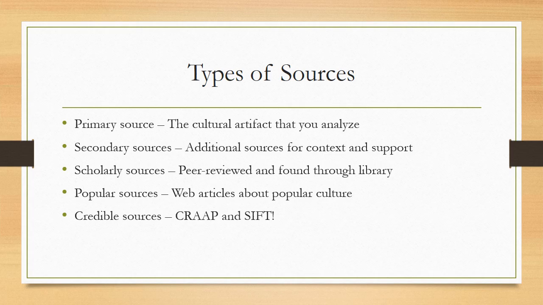The stigma around popular sources has been that scholarly sources are automatically credible. That's mostly true, not always true. You certainly have to do less sifting with scholarly sources, but you still should, because we've all seen examples in the last few lessons of sources that seemed very reliable and weren't actually. So with all of your sources, use the CRAP and SIFT tests. Use them much more with the popular sources, but round out your argument by having some of each.